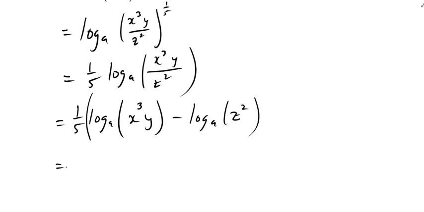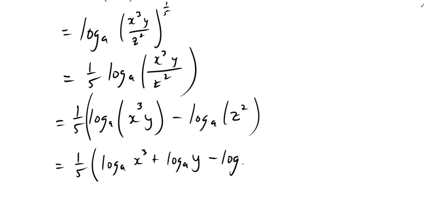And then I can split it up even a little bit further. Log base a of x cubed plus log base a of y minus log base a of z squared.